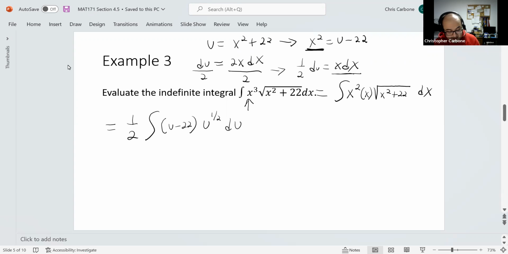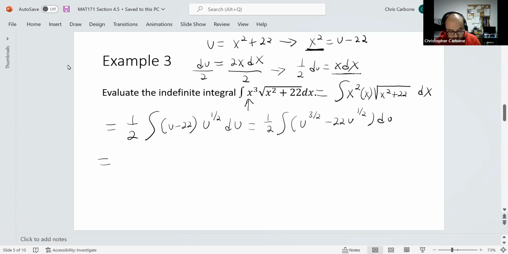So applying this now, this integral is going to be a half times the integral of, distributing the u to the 1/2 to the binomial we have here, u to the 3/2 minus 22 times u to the 1/2 du.